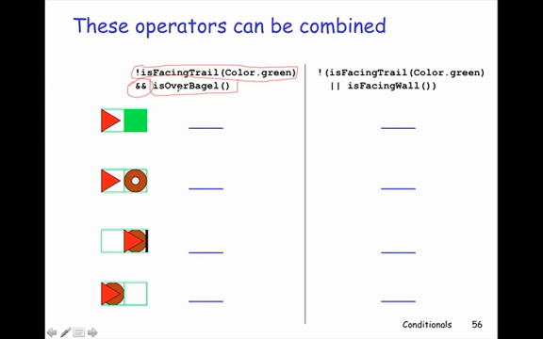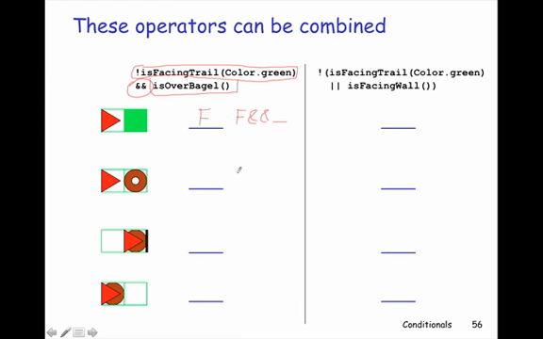It has what's said to be a higher precedence, so that the expression parses in this way. So in the first scenario, we are in fact facing a trail that's green, and so not facing a trail as green is false. And regardless of what we combine false with a conjunction, the result will be false.